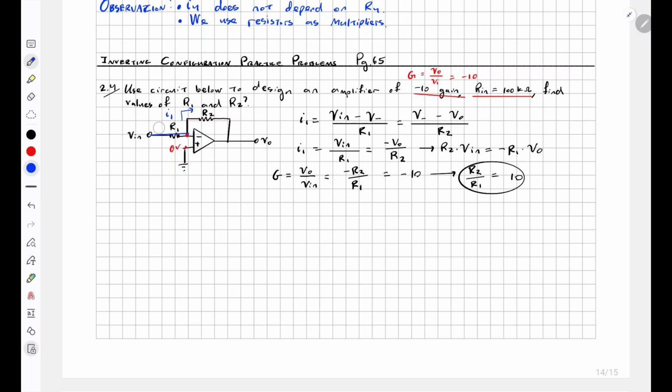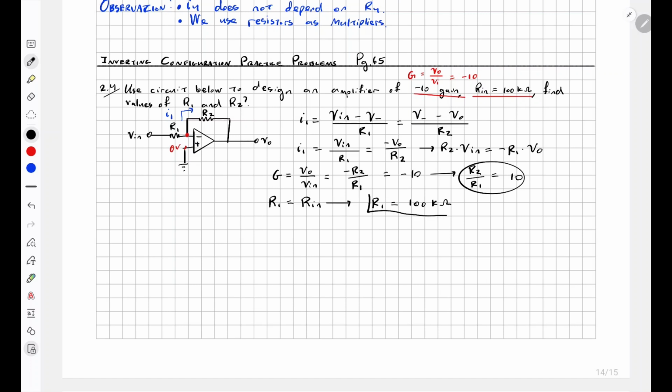As we can see, the only resistor contributing to the input resistance is R1. So R1 is equal to Rin, and we know that R1 is equal to 100 kilo ohms.